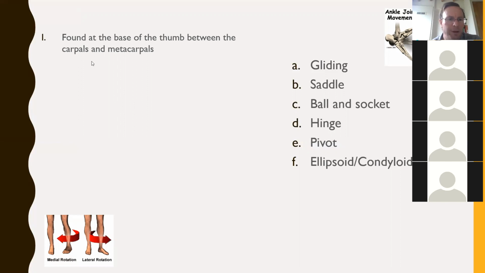Fastest fingers, who can give me that? For number one, just put A, B, C, D, E, or F. So let's go. Okay, counting down. Anyone?